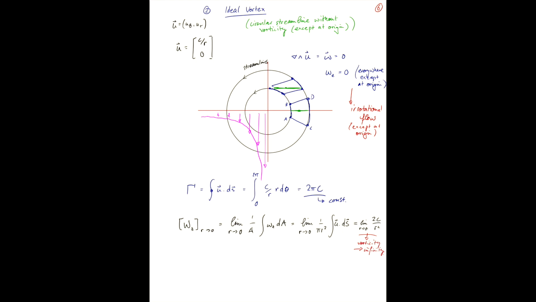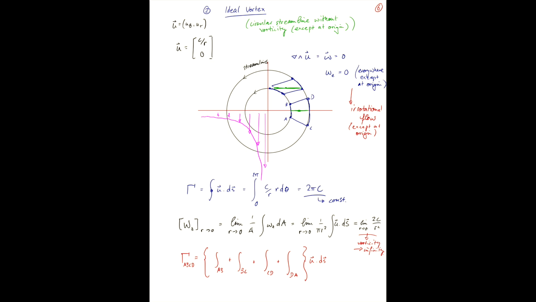Finally, let's consider what's the circulation around a given fluid element A, B, C, D that doesn't include the origin. In order to get that, we would have to integrate over all four sides. So we integrate AB plus BC plus CD plus DA of u dot ds.